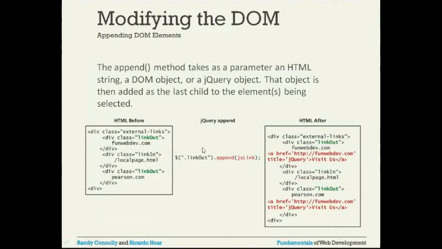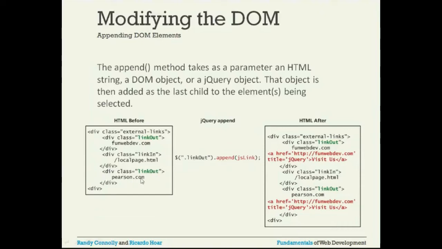So before the closing div, we have the complete link which we created in the previous session. You can see the a tag with href, title, jQuery, and visitors has been set. This is the first element, and this is the second element which has the link out.